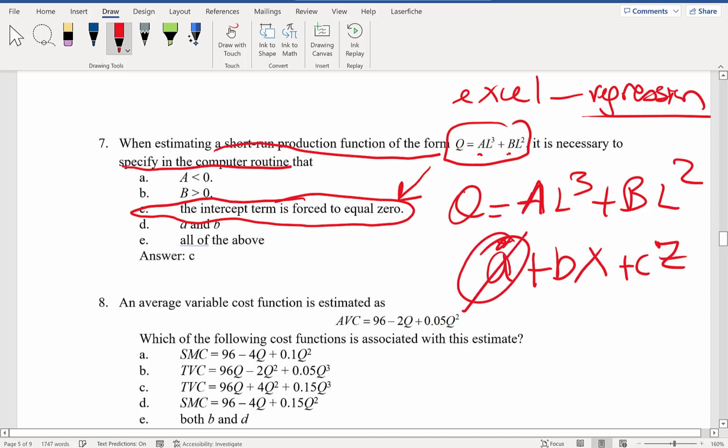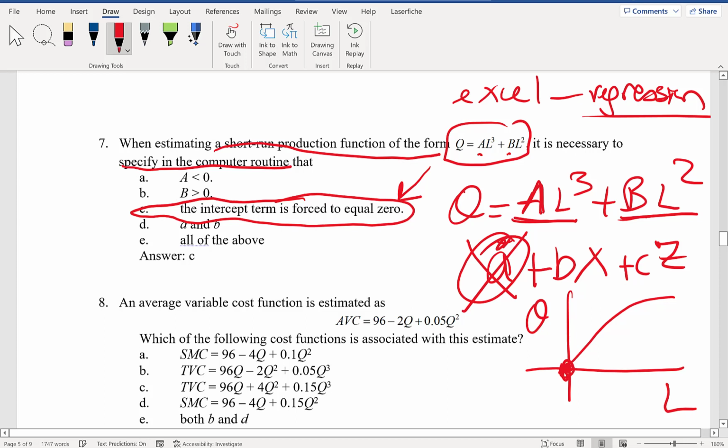So this intercept is not here. You immediately start from the origin. So it looks like this. It starts from, so basically what it says when there's no intercept, labor quantity, if you hire nobody, you produce nothing. So that's what it means to force intercept to be equal to 0.